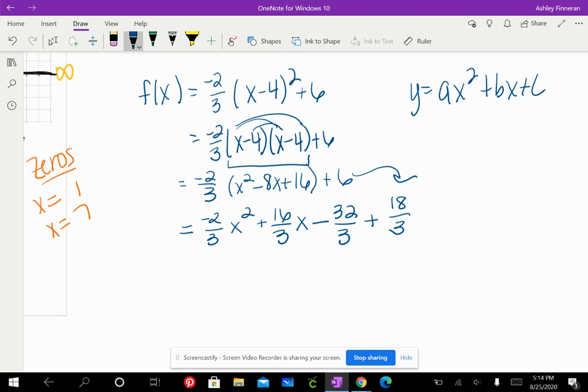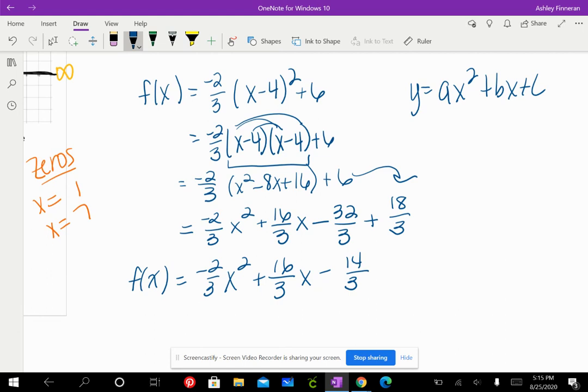But that allows me to easily add it with the negative 32 over 3. So f of x is equal to negative 2/3 x squared plus 16 over 3 x, and then negative 32 plus 18 is negative 14, and it's all over 3.